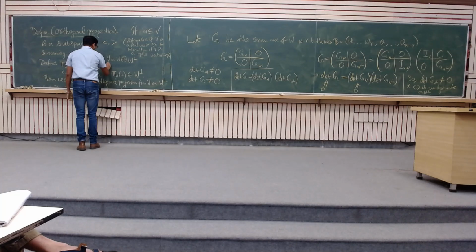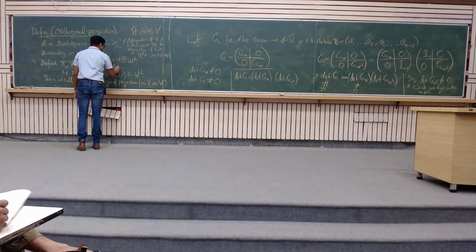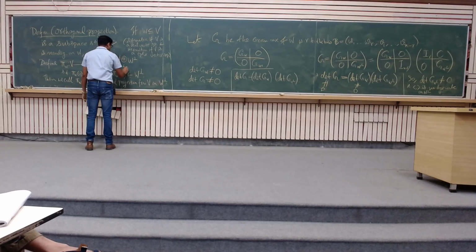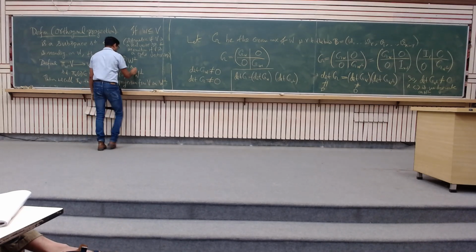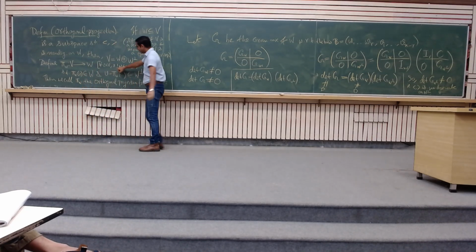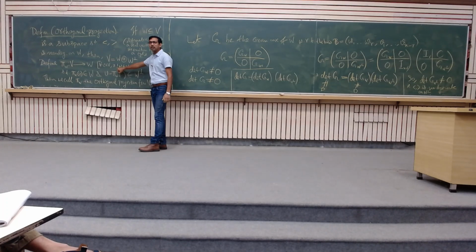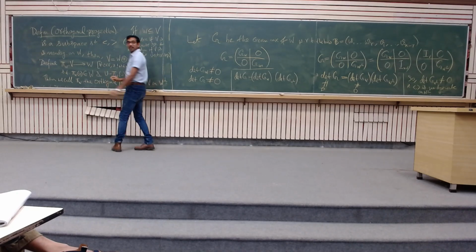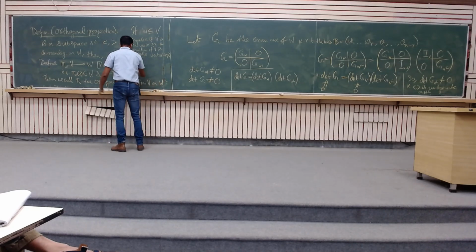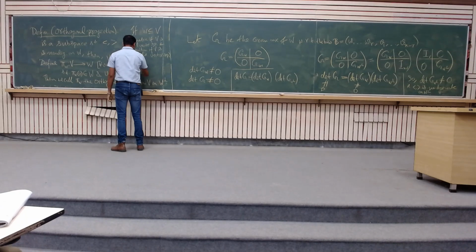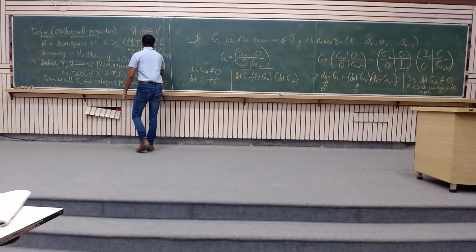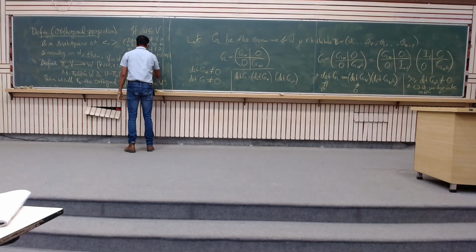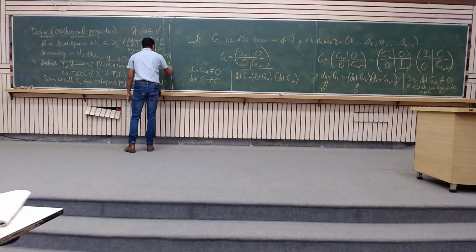For all v in V, there exists a unique w in W and a unique w' in W perp such that v is equal to w plus w'.